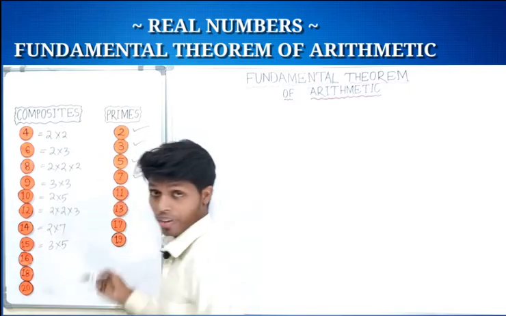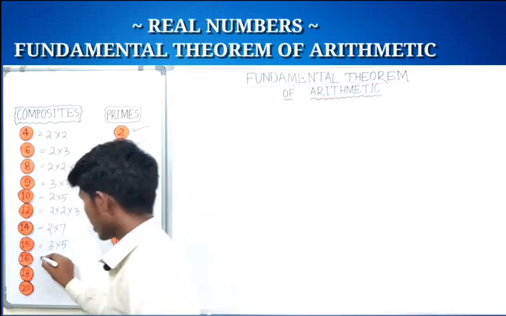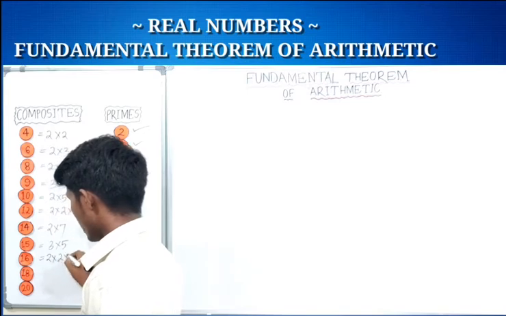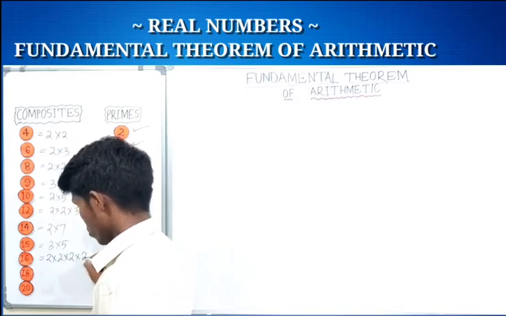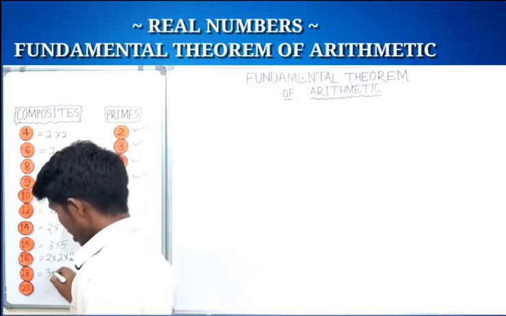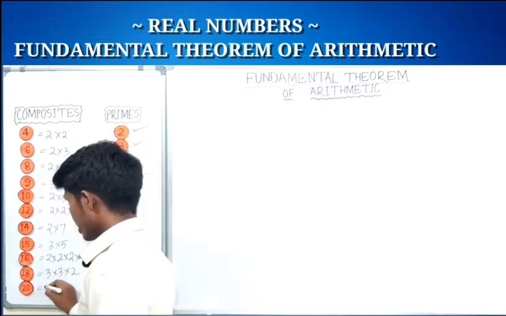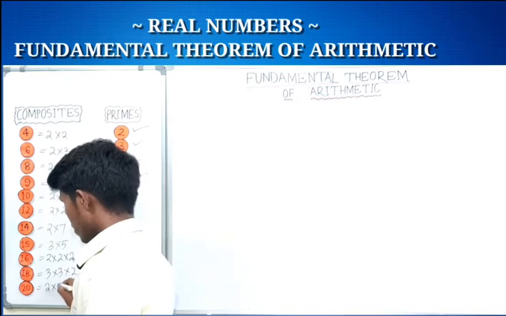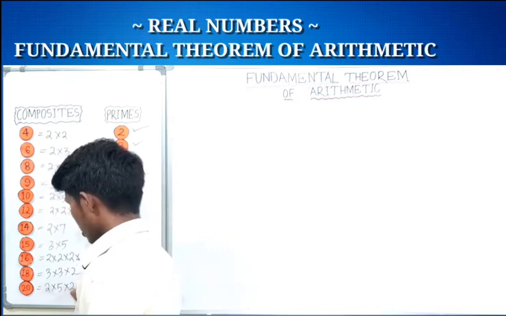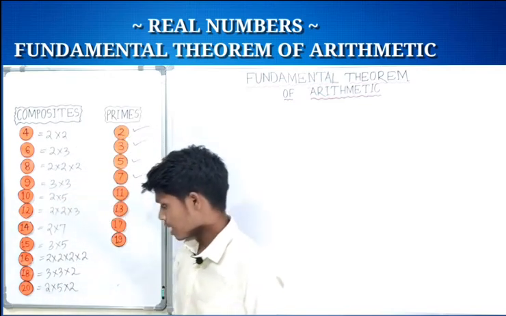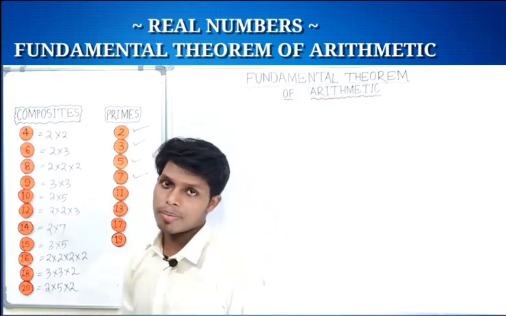Here 3 and 5 are primes. Similarly, 16 can be written as 2 times 2 times 2 times 2. 18 is 3 times 3 times 2. Similarly, 20 is 2 times 10, and 10 is again 2 times 5, so we get 20 as 2 times 5 times 2.